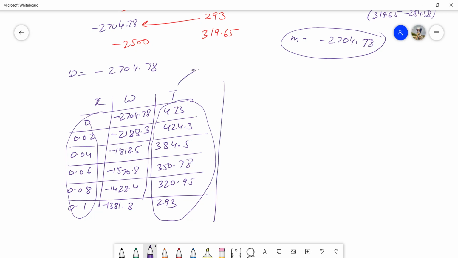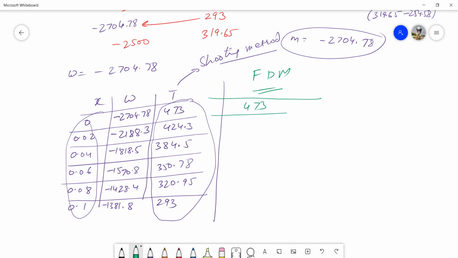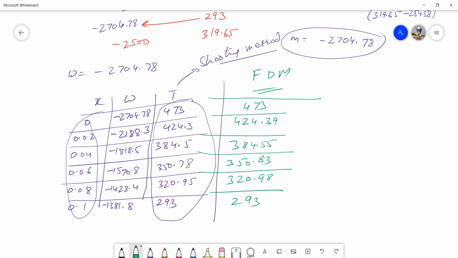This is what we have from shooting method, and by finite difference method we have the results as, if you already noted it down: 473, 424.39, 384.55, 350.83, 320.98. So you can clearly see the results.